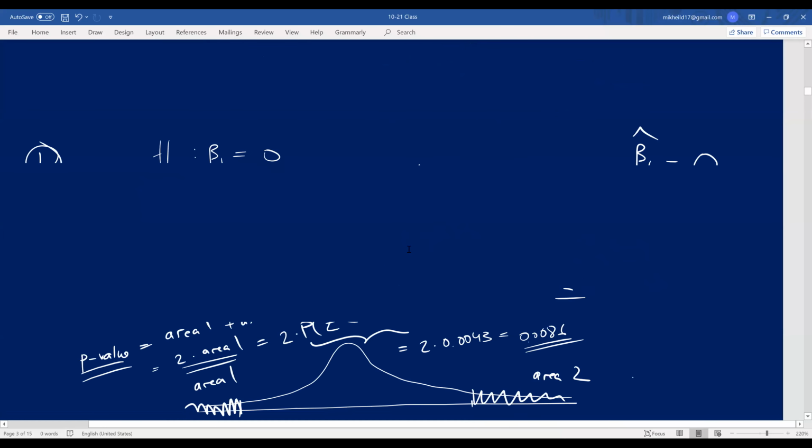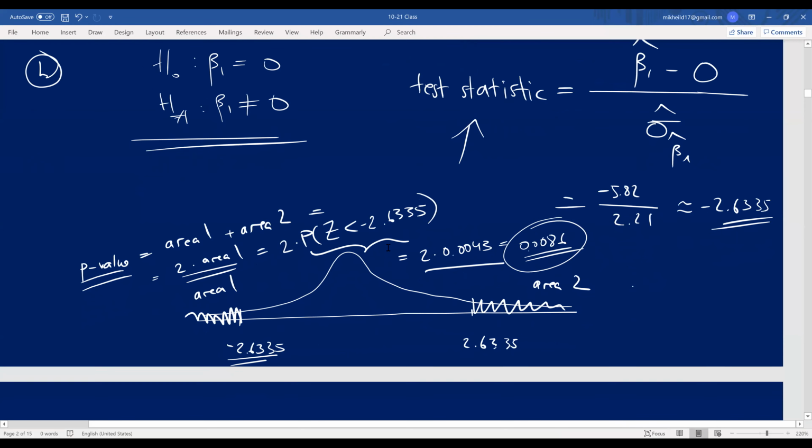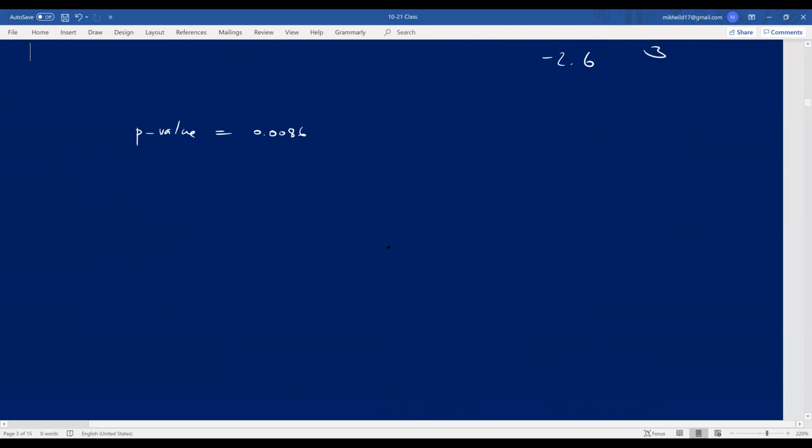So what I said here is that we have 2 times 0.0043, which is 0.0086, and that's our p-value, guys. And then we have alphas, right? What is alpha at 5% significance level?